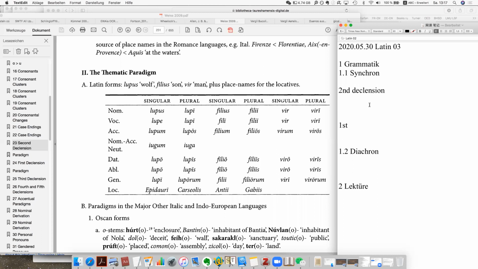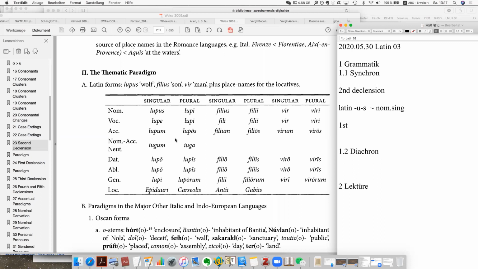The second declension in Latin is always in u. So this is actually the nominative singular.